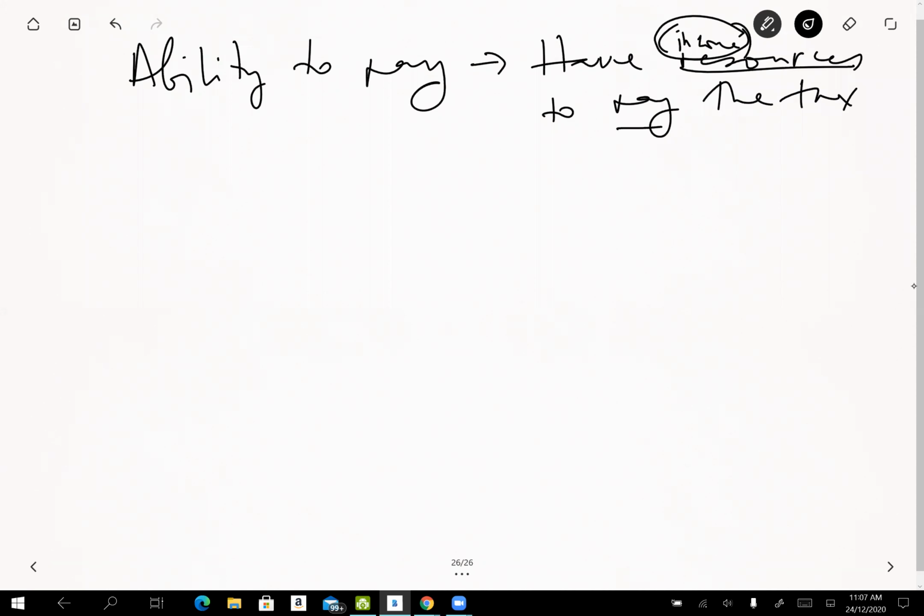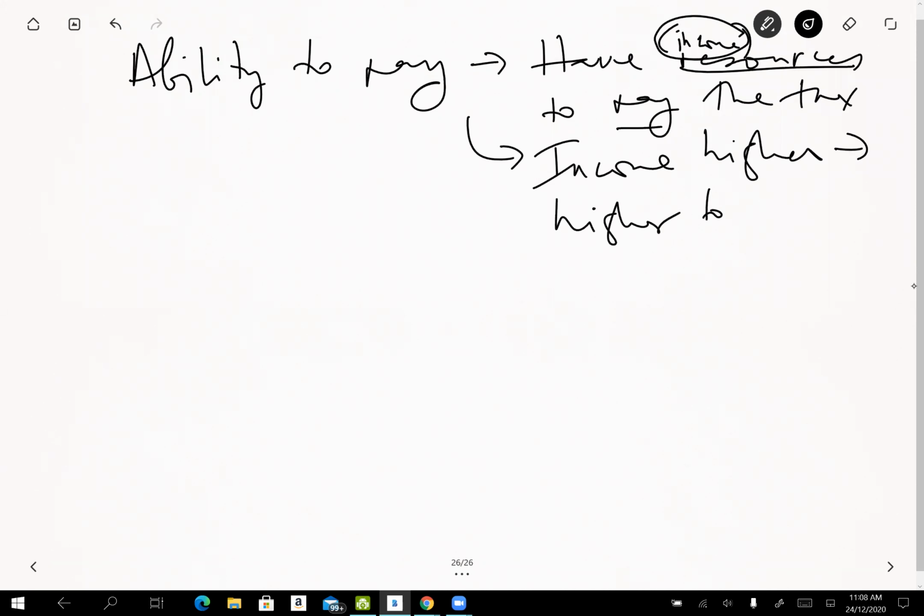Under the ability to pay, if I have more income, then I have a higher ability to pay. That is one criteria.